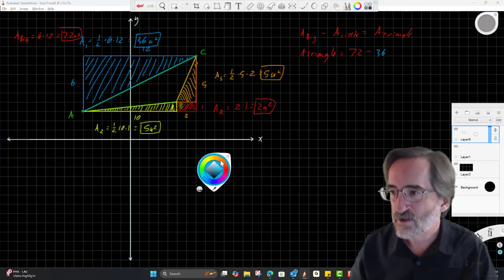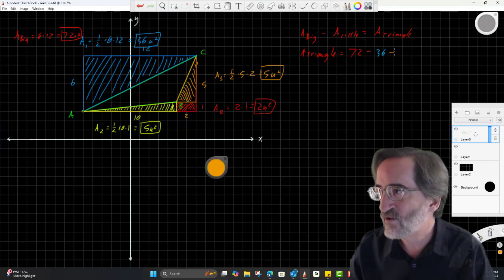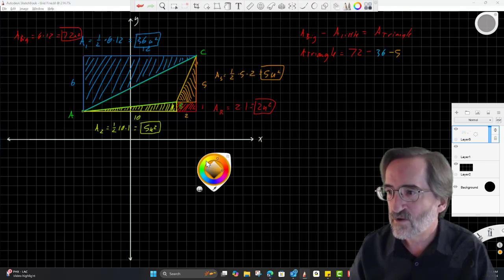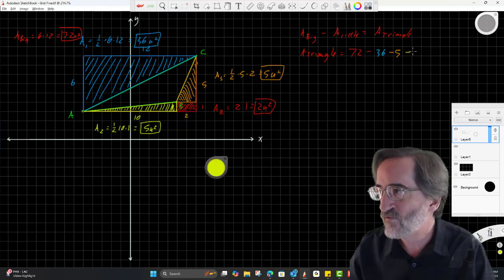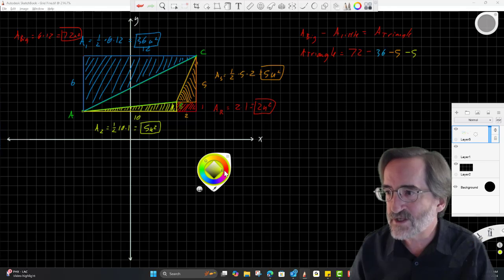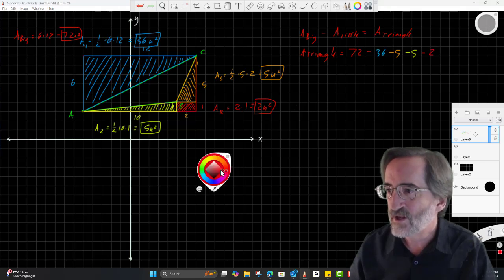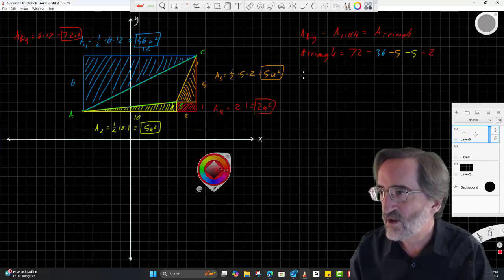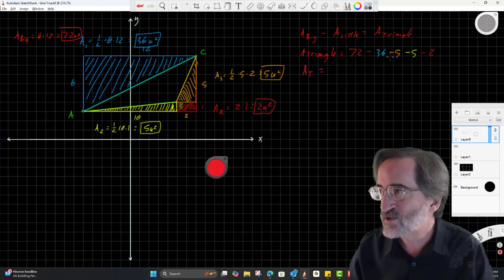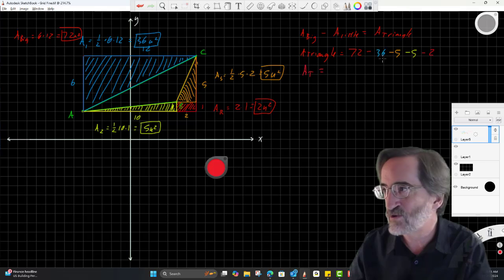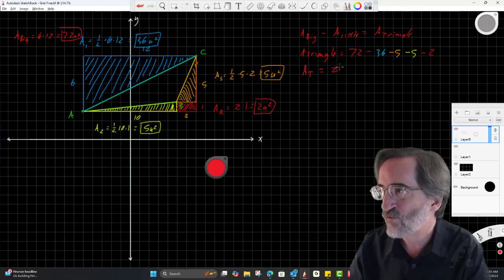The orange, which is 5. The yellow, which is 5. And the little red rectangle, which is 2. Okay? And so we get the area of the triangle is 72 minus 36 minus 5 minus 5 minus 2. 36, 46, 48. 72 minus 48 is 24 square units. Okay?